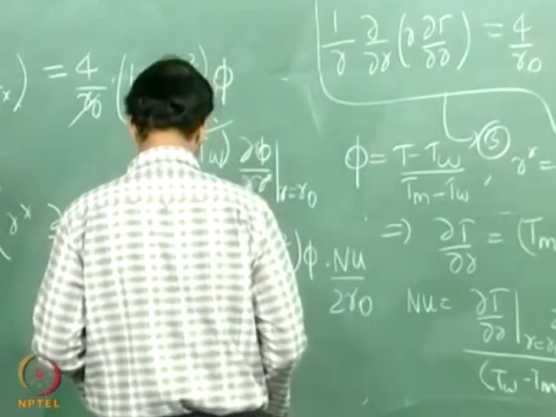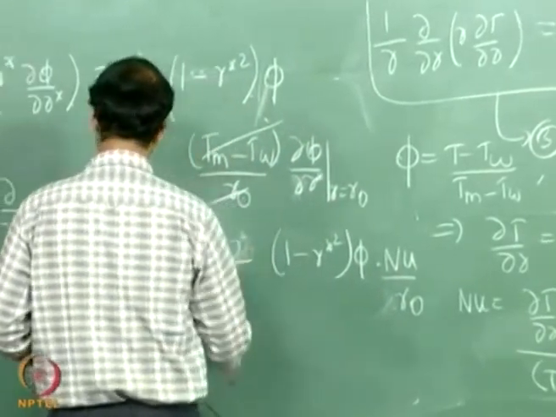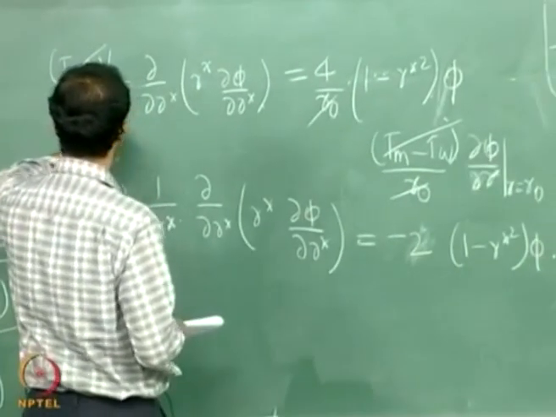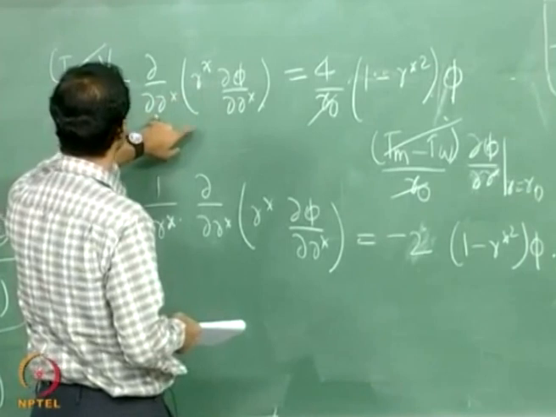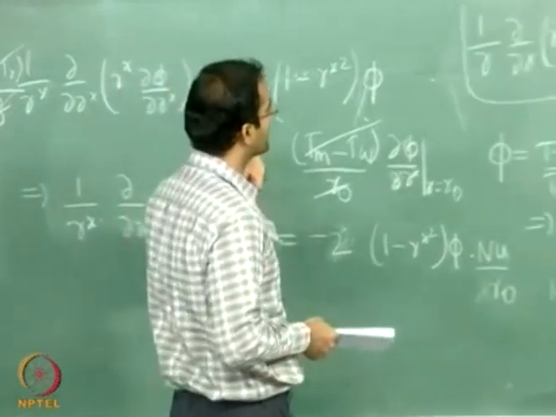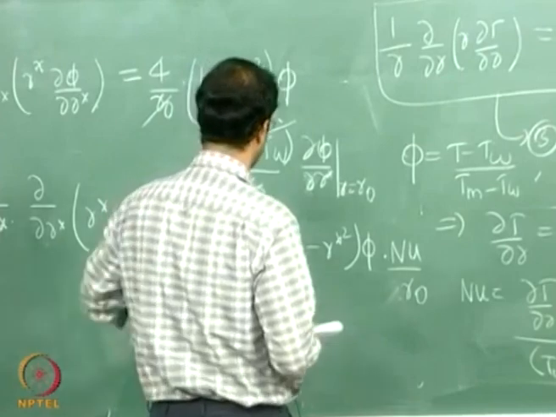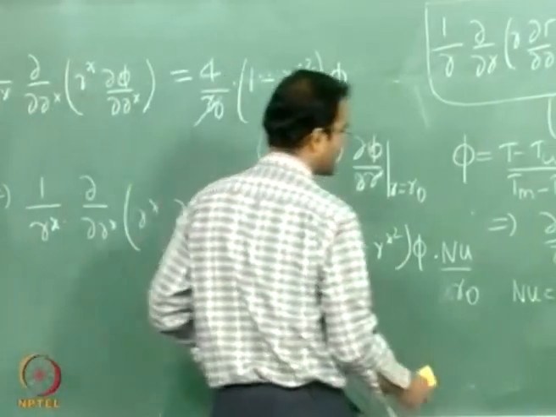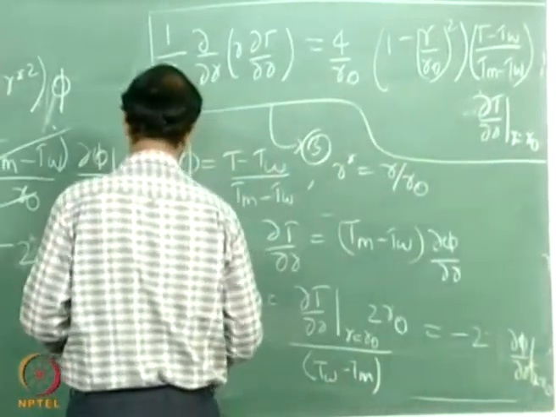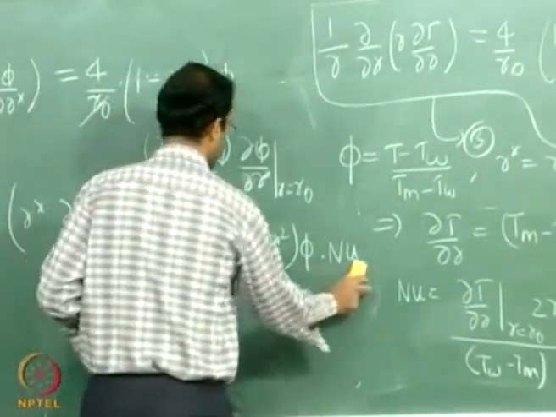There is a factor of r naught which I have to cancel somewhere. This r naught cancels here, and this is already d phi by dr star, you are right, so it will be in terms of the Nusselt number.